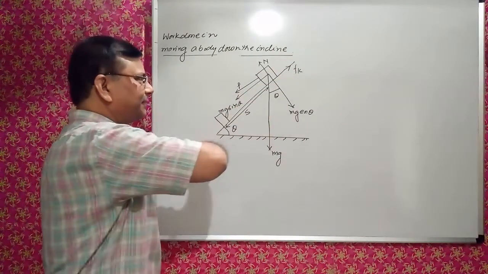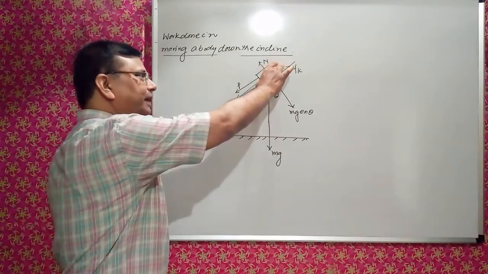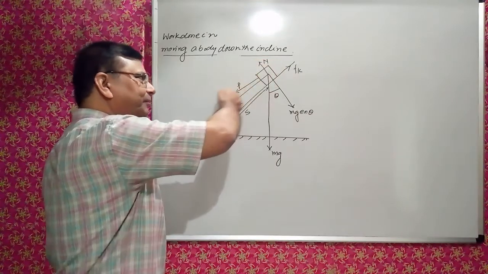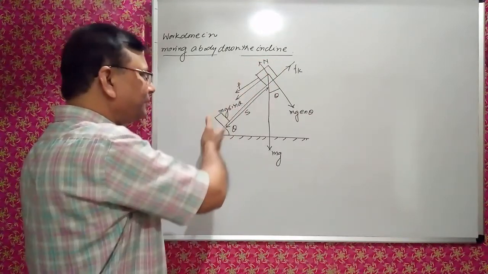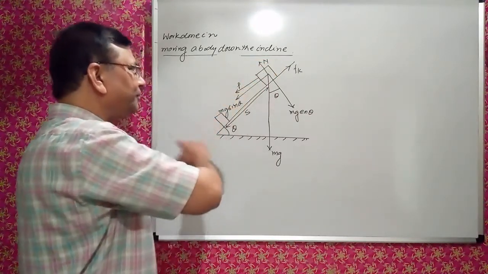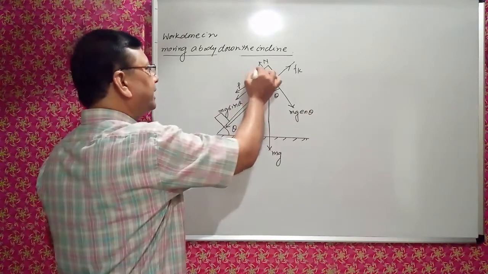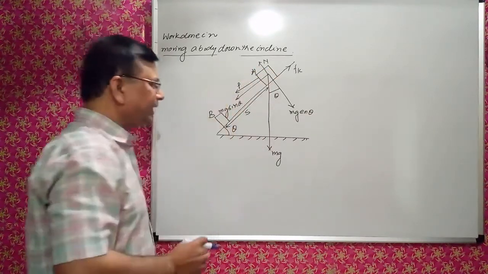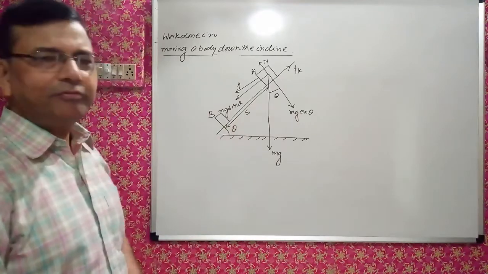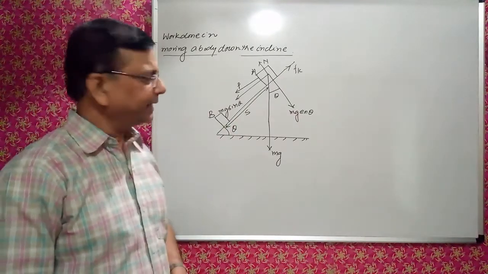Now see, another case, work done in moving a body down the incline. This is the rough surface, the object is kept over here, and some external force is being applied. Apart from the gravitational pull, P is applied to move the body from A to B by a displacement of S. Then what will be the work done?